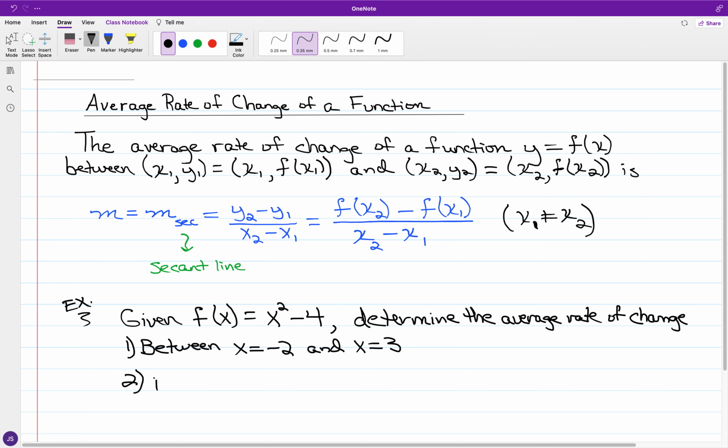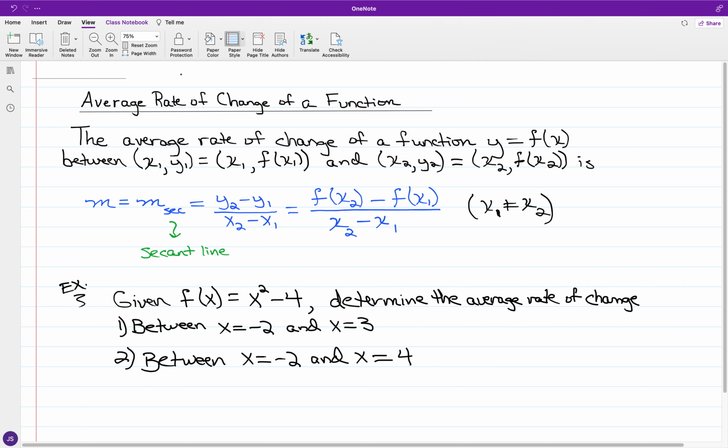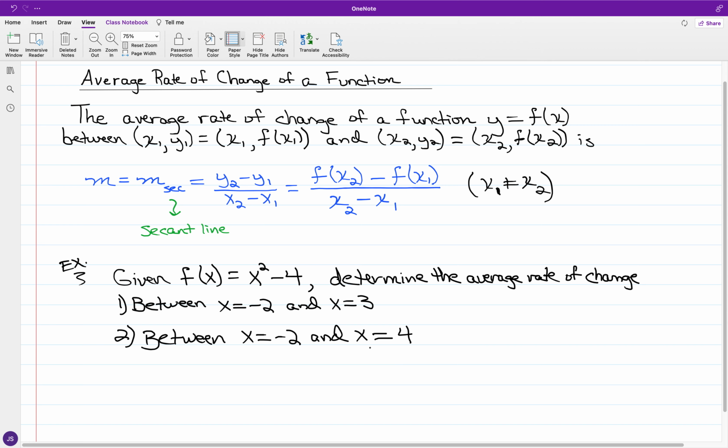And also from the same starting point, let's say we have between x is equal to -2 and x is equal to 4. All right, so we're looking at average rates of change, starting from x equals -2, and we have the final destination points in the first case at x equal to 3, and in the second case x is equal to 4.